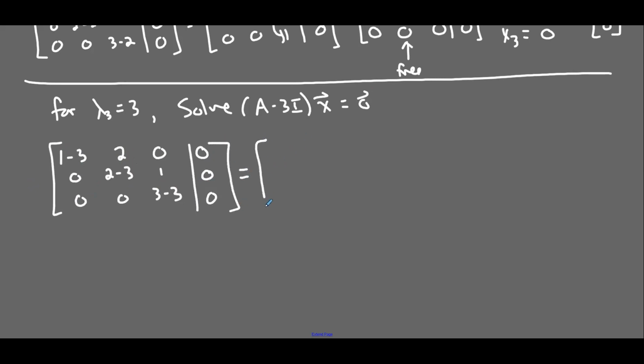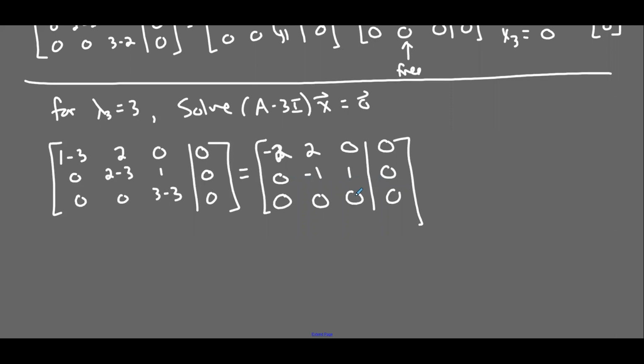So in the first entry, I can have 1 minus 3, so it's negative 2. And then the second row, I've got 2 minus 3, it's negative 1. Last row, I get all zeros. I get that 3 minus 3 there.